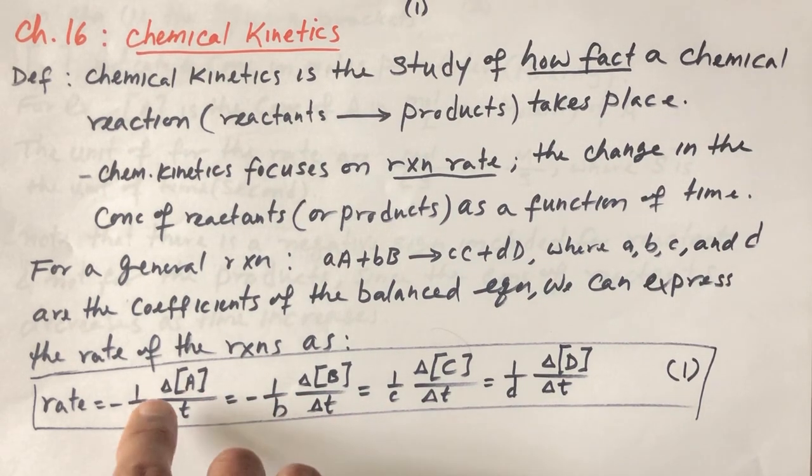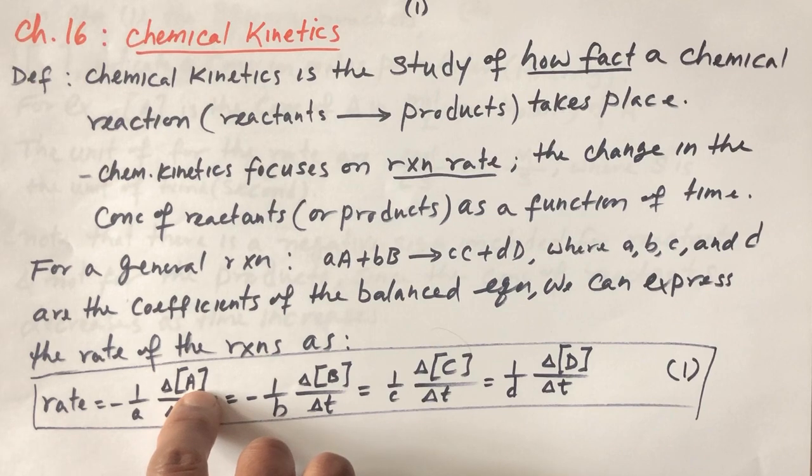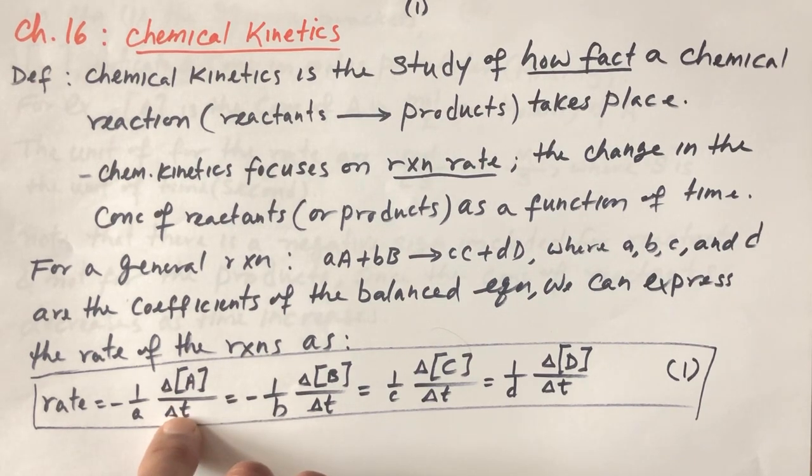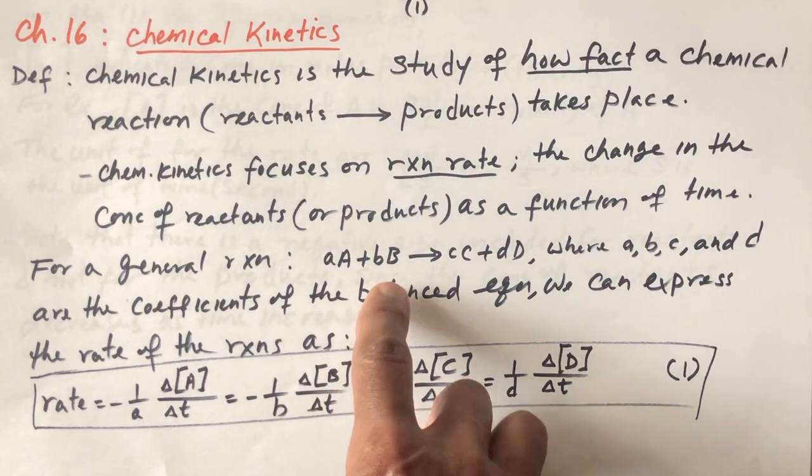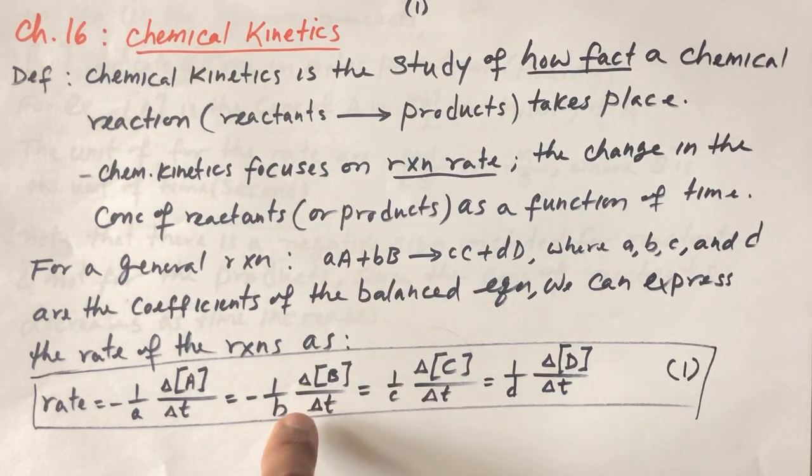This basically means the change in molarity of A over the change in time. Delta means change, right? Okay. And also, it can be expressed as the negative inverse of the other component, reactant B, the same way.